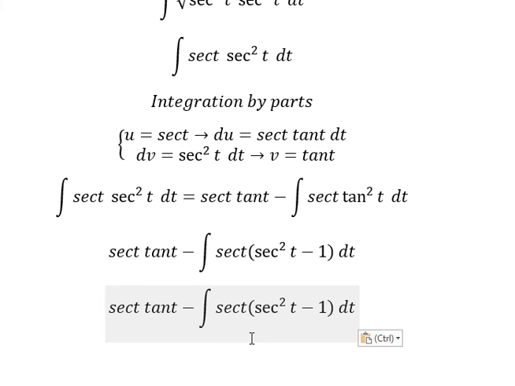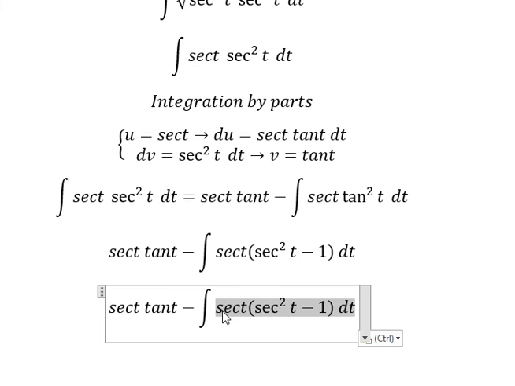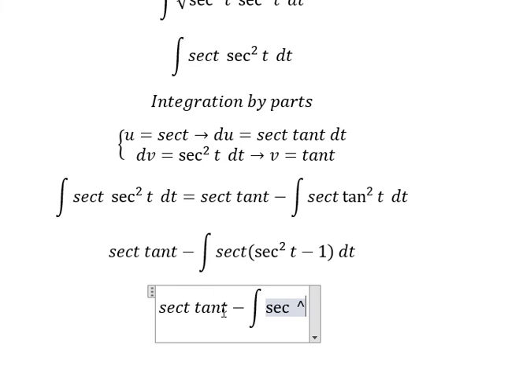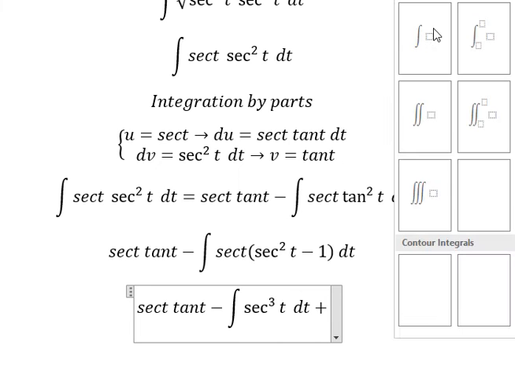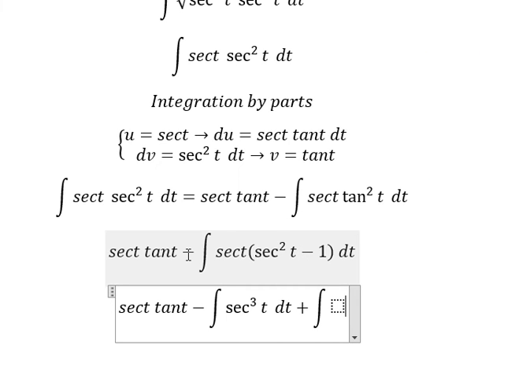So secant of t multiplied by secant of t squared and number 1. So we have the integration of secant of t to the power of 3 dt plus the integration of secant of t. Because negative with negative, you get positive.